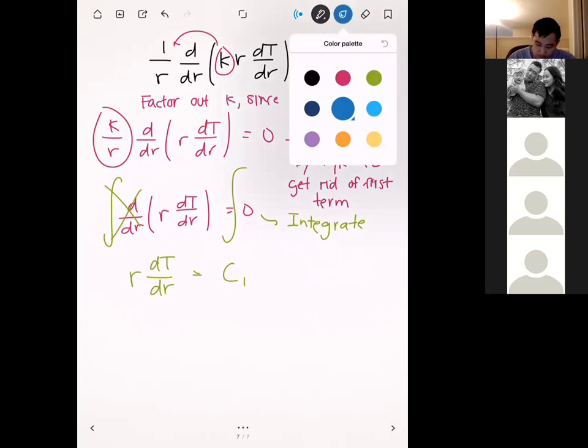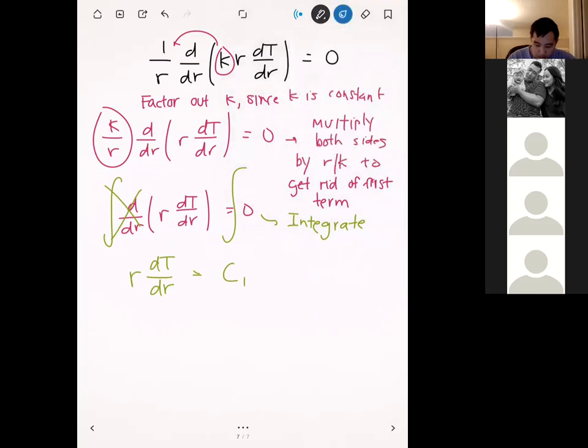At this point, we divide by r to simplify this side. Doing that, we have dT/dr equal to C1 over r.